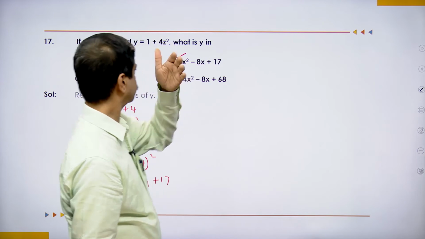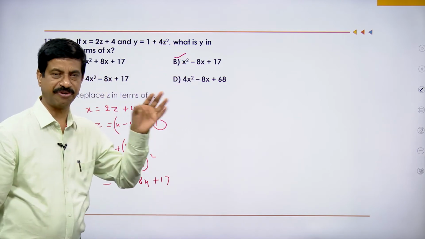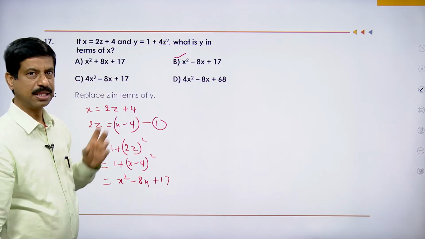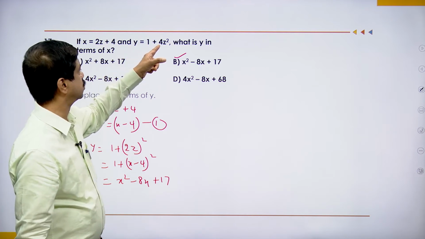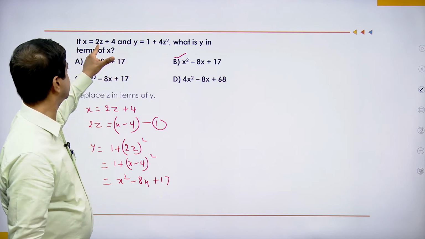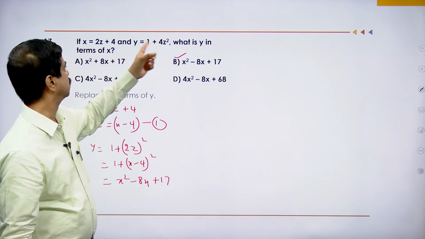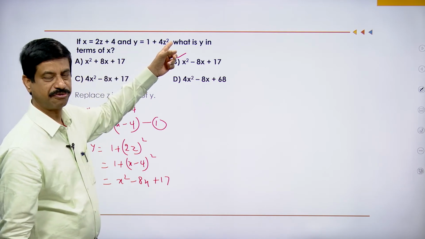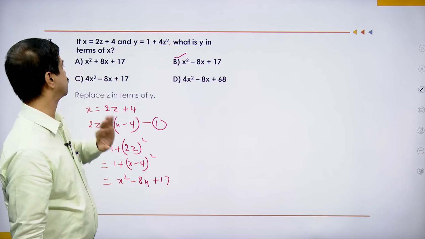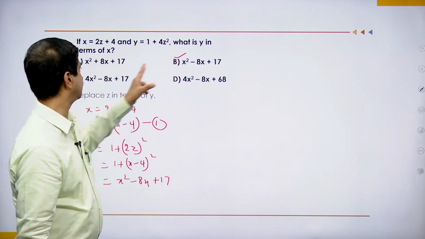So now, same question, let us say if I am doing it in the examination hall, then how will I do? I'll see it is 2z whole square. I see 2z is x minus 4. So what happens? 1 plus x minus 4 whole square, 4 square is 16, 16 plus 1 is 17. I have 17 in 3 cases.